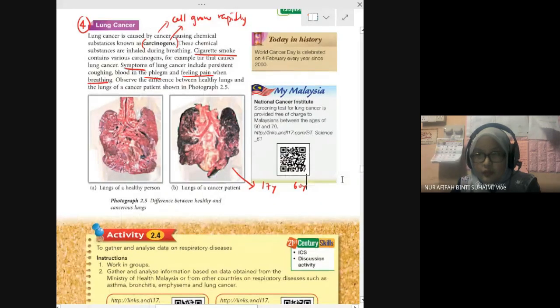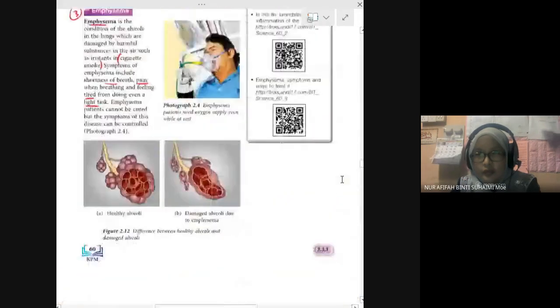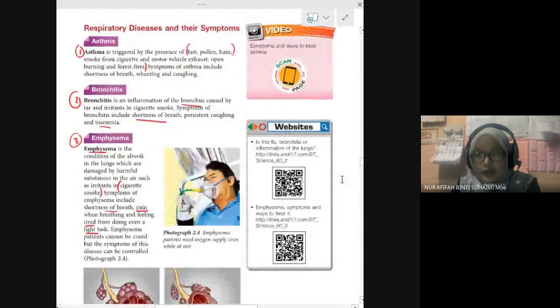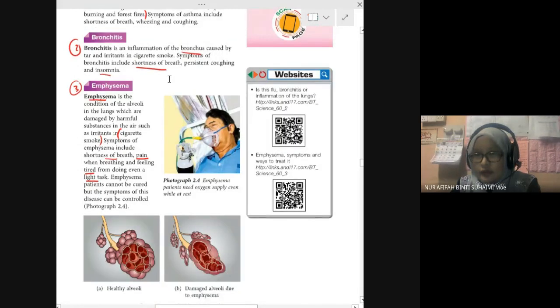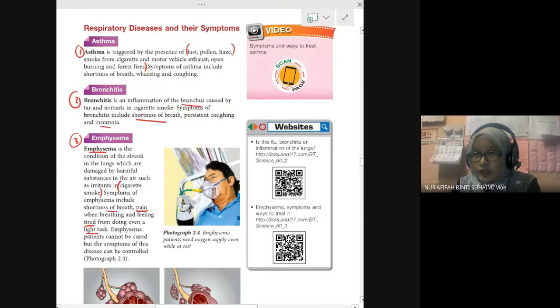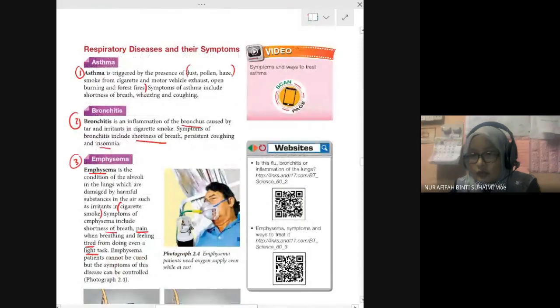Boleh? For disease, asthma, bronchitis. Asma dia lebih kepada very sensitive to dust. Kalau menyapu pun dah rasa tak boleh tahan.